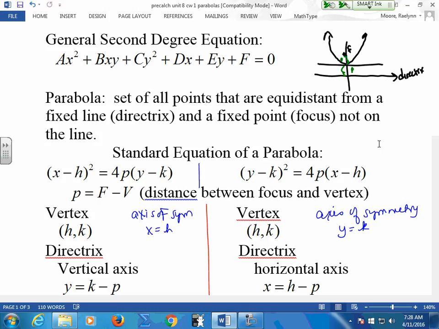Because your focus point is always going to be inside your parabola, and your directrix is always outside. So whether you're adding or subtracting that value of P, you don't have to memorize the formula, you just have to look at your parabola. If it's your focus, you're going to go inside. If it's your directrix, you're going to go outside and make it a line.